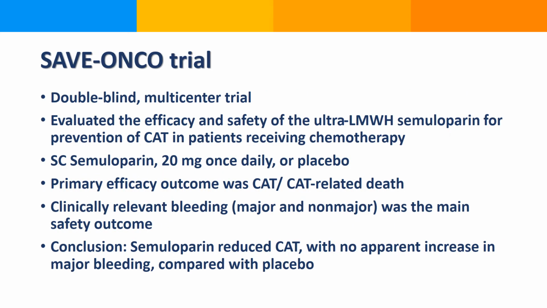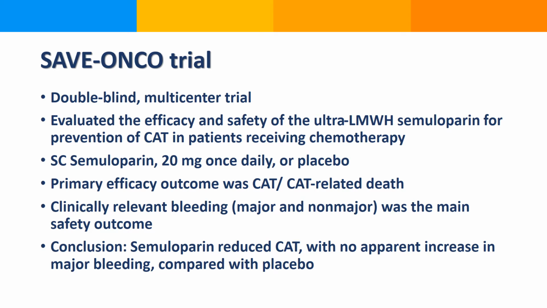The SAVE-ONCO trial was a double-blind, multi-center trial. It evaluated the efficacy and safety of the ultra-low molecular weight heparin, semuloparin, for the prevention of CAT in patients receiving chemotherapy. Subcutaneous semuloparin, 20 mg once daily, or placebo was administered.